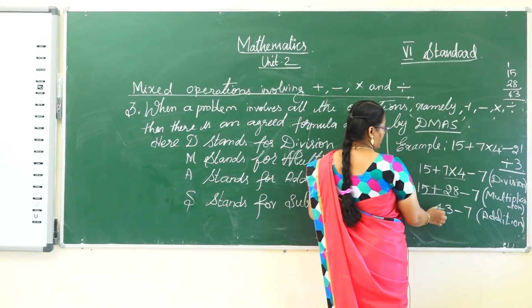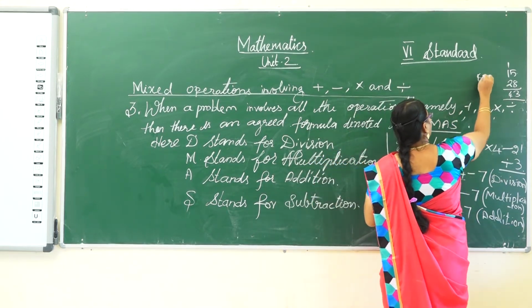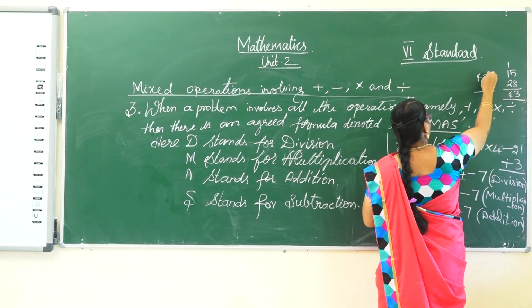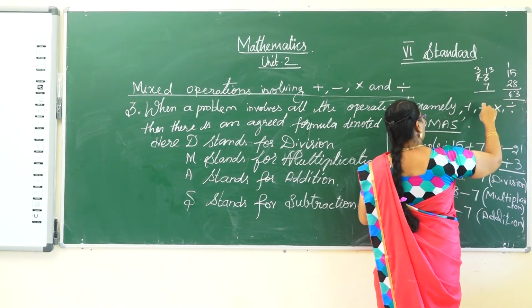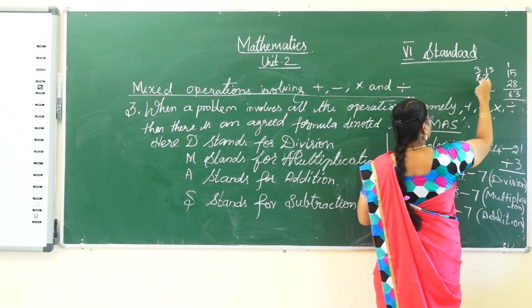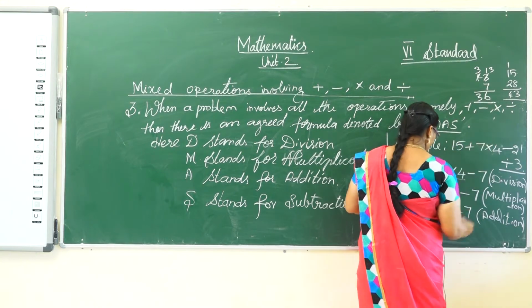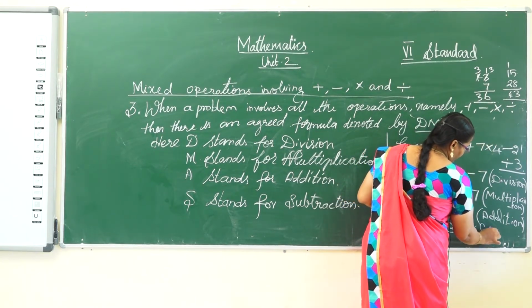And next is subtraction. 43 minus 7, it's not possible, so borrow from here 3, so 13 minus 7 is 6, 36. So the answer is 36. Here write subtraction.